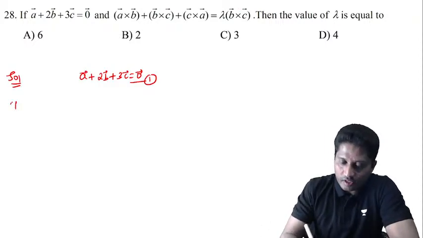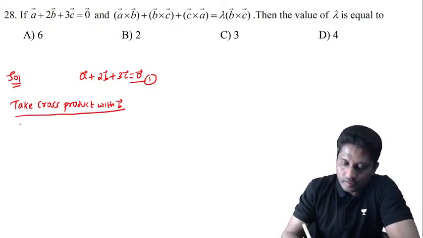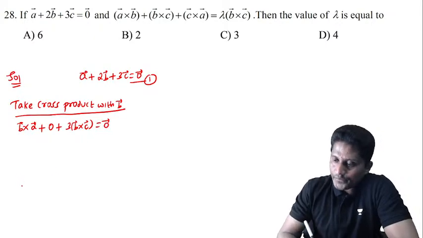If I take the cross product with vector b, this will be equal to b cross a plus 0, right? B cross b is 0. This is 3 times b cross c is equal to 0, the null vector.